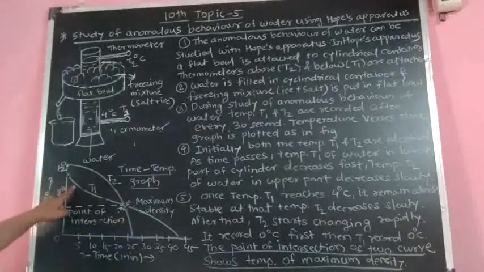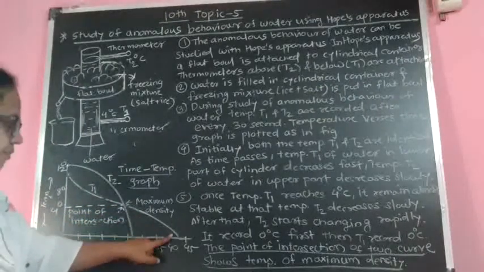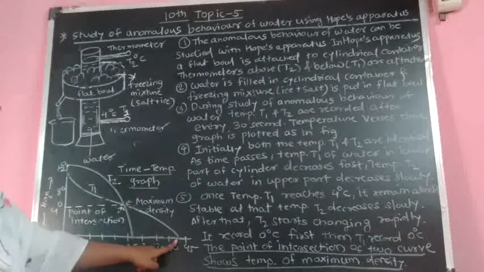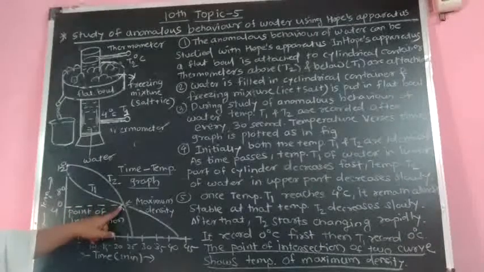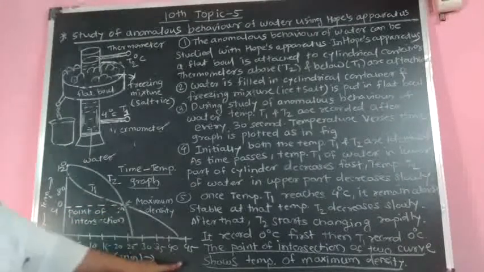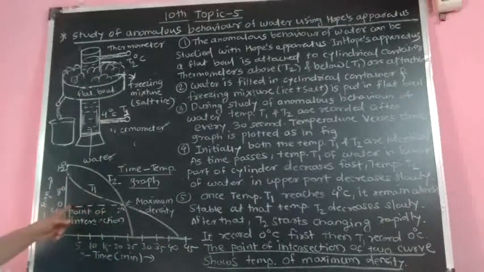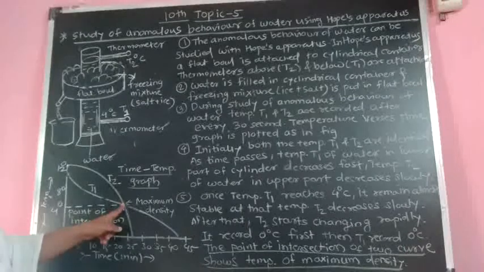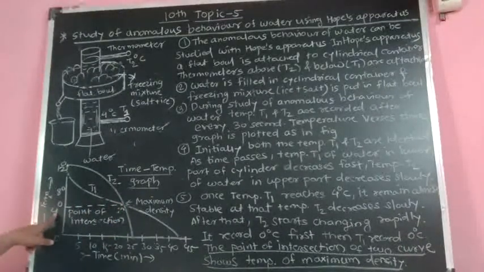Then T1 first decreases fast, after some time decreases slowly, and it records 0 degrees Celsius after some time. Then the point of intersection of these two graphs or curves shows the temperature of maximum density. The point of intersection is present at 4 degrees Celsius.